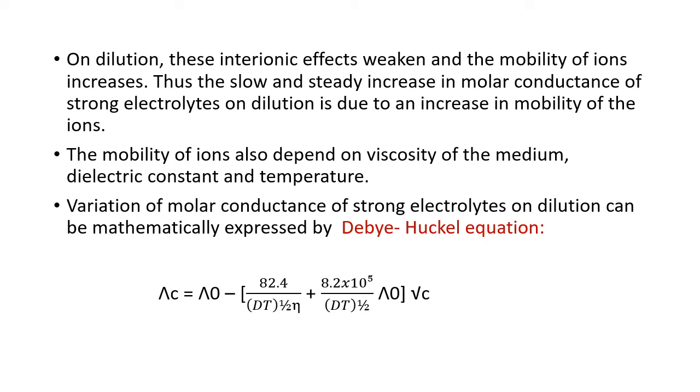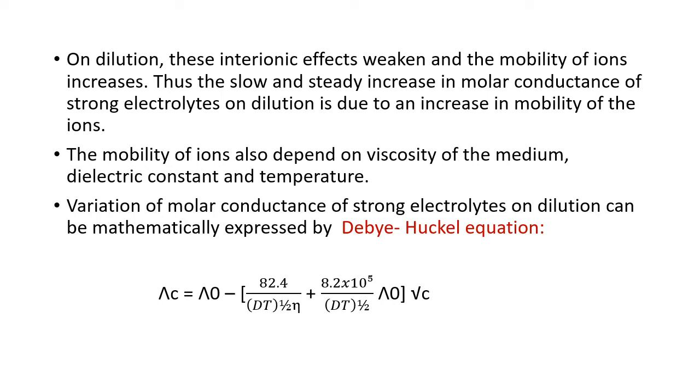Mathematically, it is lambda C, that is equivalent conductance or molar conductance at a particular concentration, that is less than the equivalent conductance at infinite dilution lambda 0 by this value. And in the first term, D is the dielectric constant, T temperature, eta viscosity of the medium. So this first term corresponds to electrophoretic effect, and the second term corresponds to the asymmetry effect.